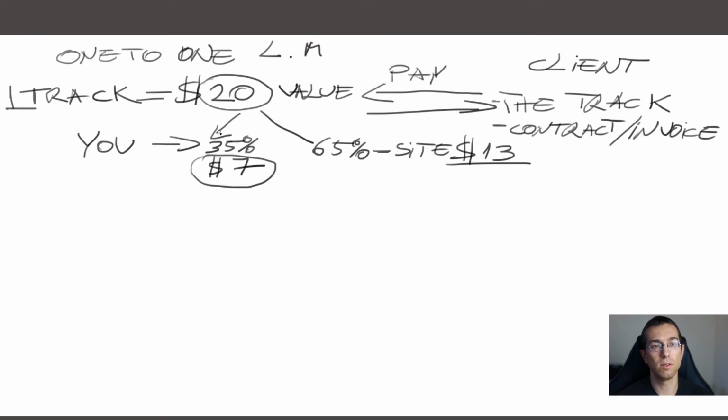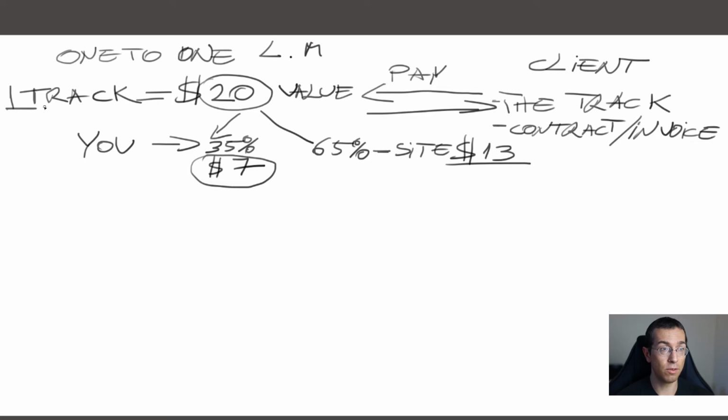Now, of course, this percentage can be different. There are still sites that work 50-50. There are still sites where it's not 35-65, but 60 and 40. So that depends. But the majority now is starting to change for a non-exclusive contract, generally 35-65.